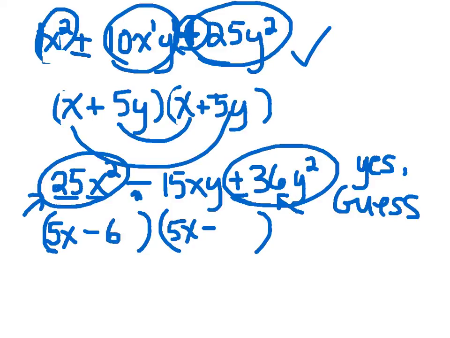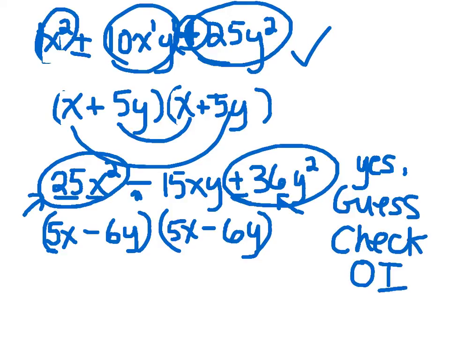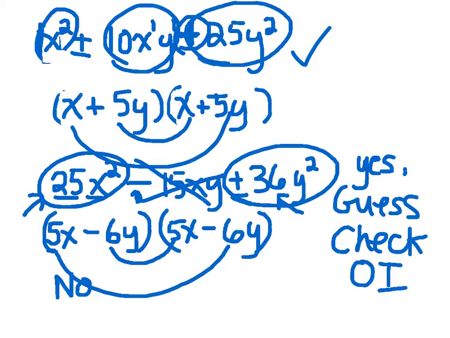It is 6y, because the square root of 36 is 6, and the square root of y squared is y. Now I need to check and see if the O and the I add up to the middle. This is negative 30xy, and this is negative 30xy, which does not add up to negative 15, so it's not a perfect square.